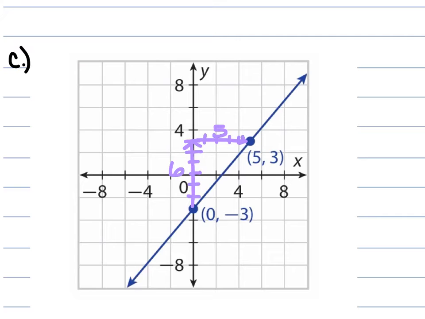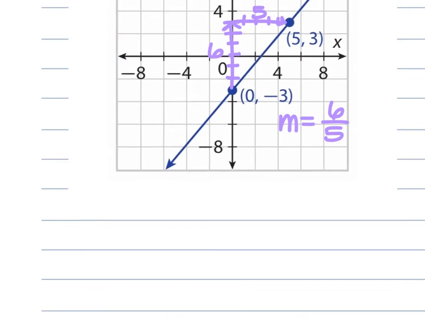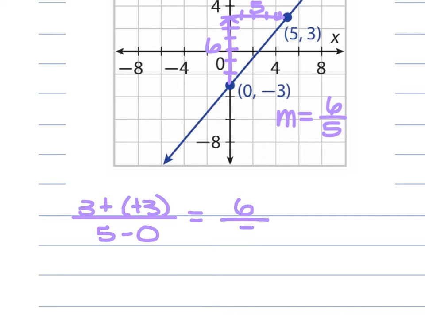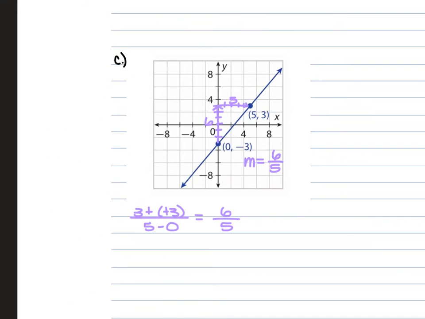So this is going to be up 6, right 5. So 6/5. We can also use our 2 points. If we did that, we would have 3 minus negative 3 over 5 minus 0. Add the 3's. This gives us 6, and the 5 minus 0 is 5. So 6 over 5.